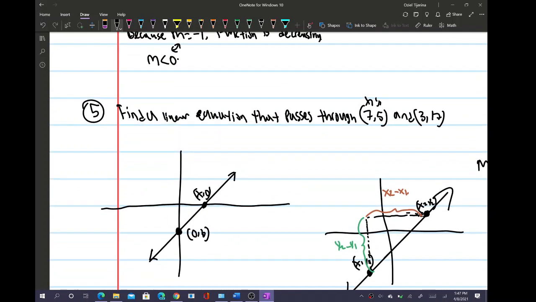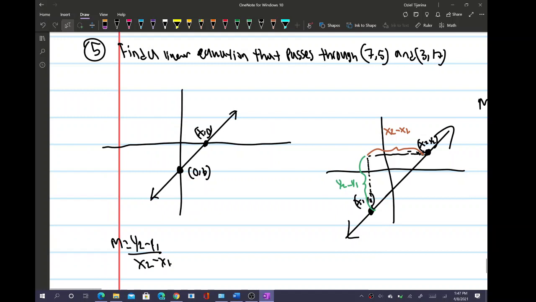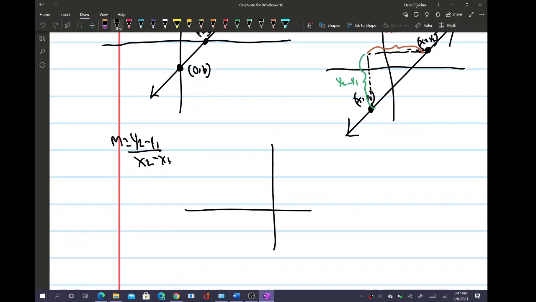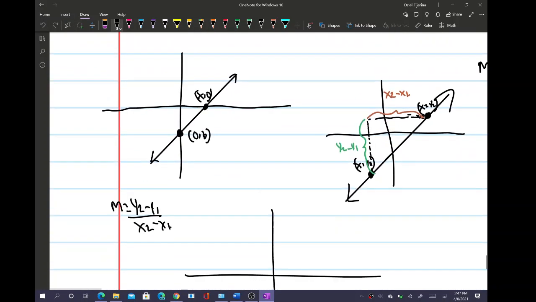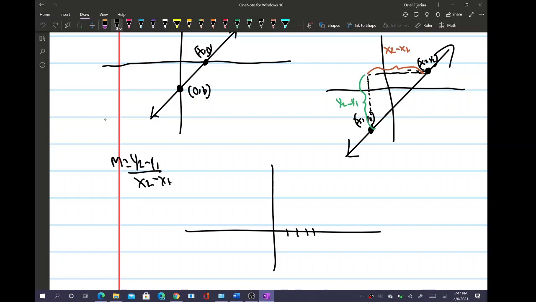This is x1, y1. Oh, and sorry, (7, 5), and this is where you do a little sketch, right? This is 7, 1, 2, 3, 4, 5, so it'd be about here, (7, 5).